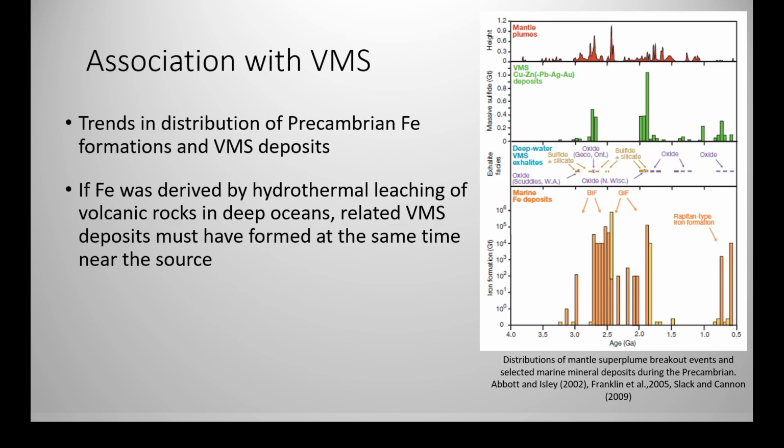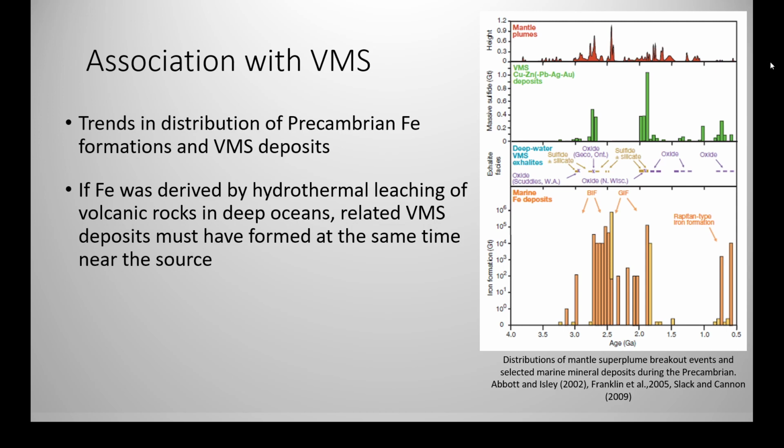Another reason why these banded iron formations can be associated with the hydrothermal vents is their association with VMS deposits. So VMS deposits are large sulfide deposits which are mined for economic value, and these types of deposits are found around or similar to the times where there were mantle plumes and the time where there were banded iron formations.